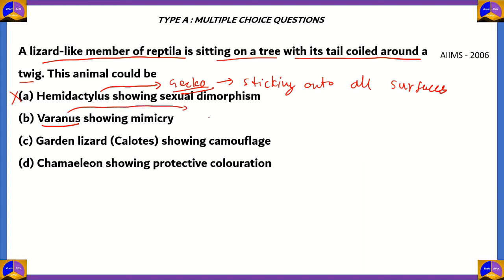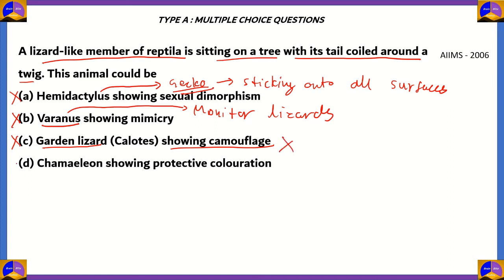Varanus is the name given to monitor lizards. And monitor lizards are the ones that live on the ground and they do not sit on trees. So therefore option B is incorrect. Option C, garden lizard. It says garden lizard is showing camouflage, which is incorrect. Garden lizards do not show camouflage.